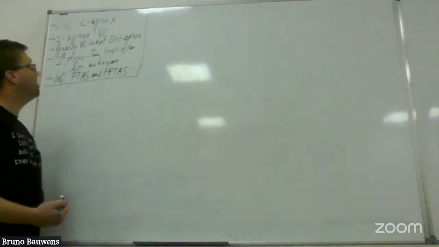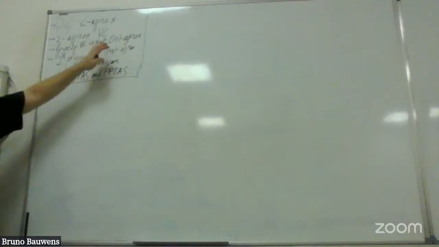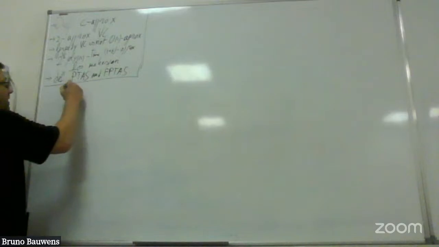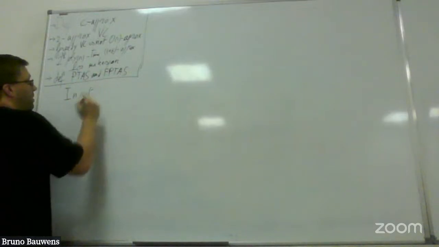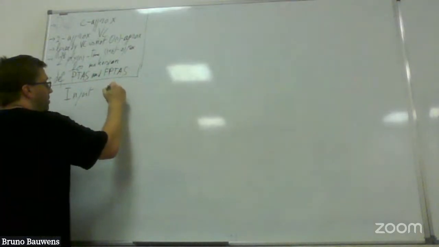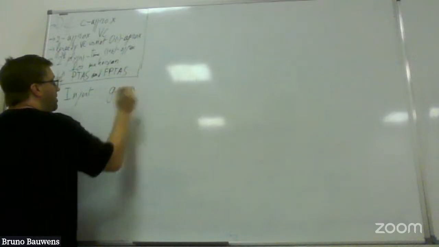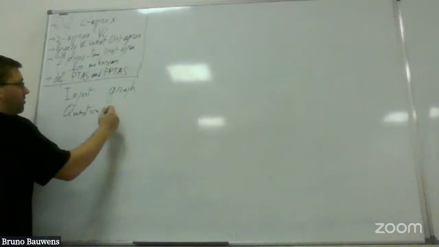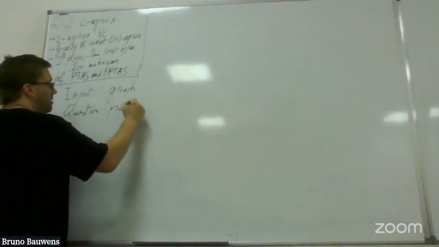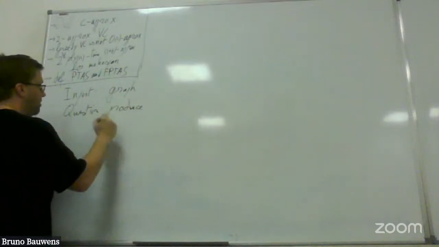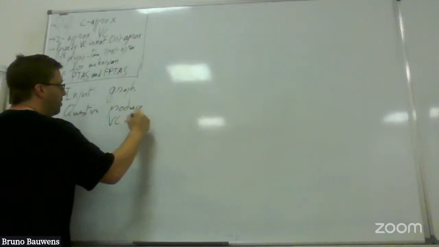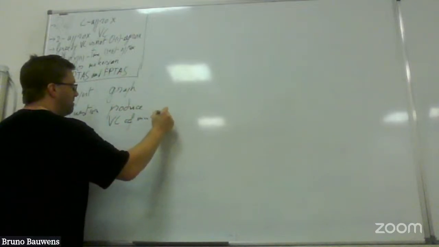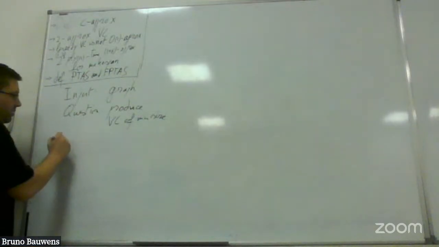For example, let's consider the vertex cover problem. The input is a graph, but now let's speak about a production problem. Input is a graph and then the task: produce a vertex cover of minimal size. And so what is a C approximation algorithm?